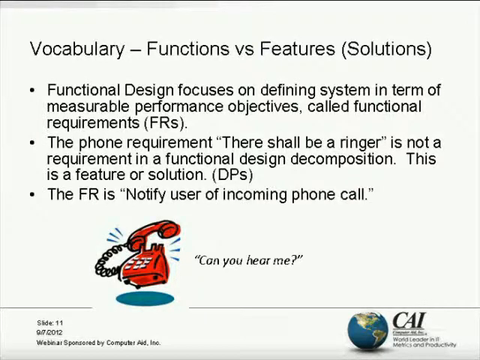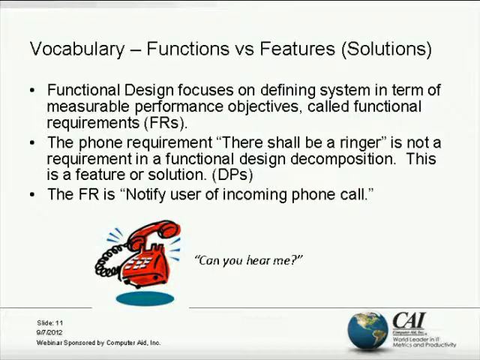It's a really important distinction and sometimes hard to get people to do, myself included. My example here is "there shall be a ringer on a phone design," a very simple type of requirement. And in the axiomatic design framework, we're going to argue that is not a requirement, a FR, a functional requirement. In fact, that's a solution or a feature. We call them DPs, design parameters. The function is "notify the user of an incoming phone call." And we would ask people to define the requirement in the function space.